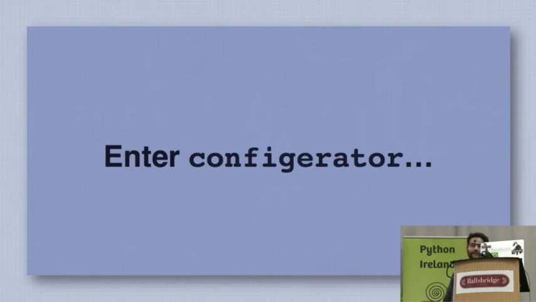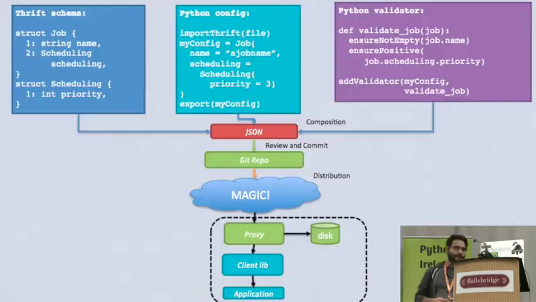So I wanted to provide an example of that. This is a simple configuration where you define a job, you give it a name, you give it a priority, which is just a positive integer, and then you want your application to consume it. So what you would do is create three files.